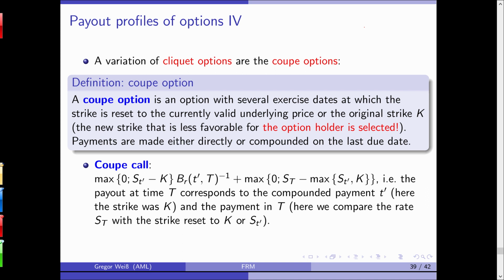We only have one more restricted rule with which we are selecting the new strike. And here, down below, you can see the formula for the cube call.